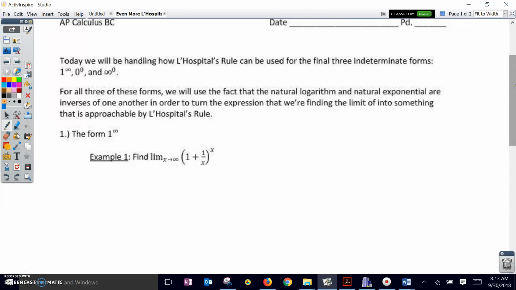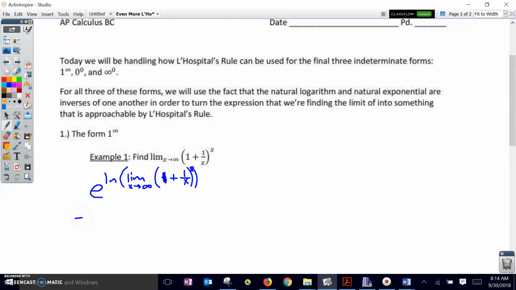And here's how we're going to handle this. We're going to take this limit and take e to the natural logarithm of this limit. Alright, now we're going to utilize the fact that the natural logarithm of a limit is equal to the limit of the natural logarithm of that expression.